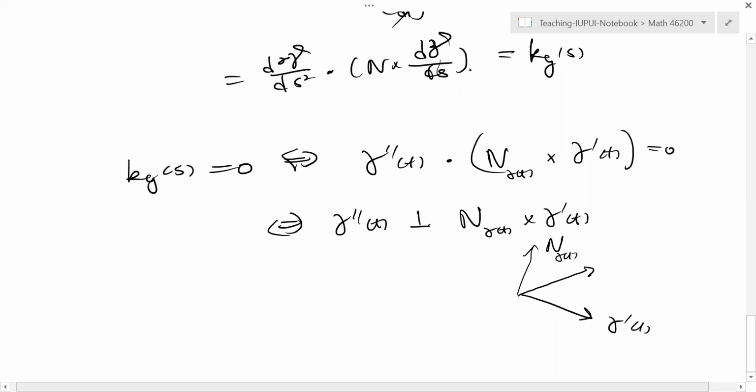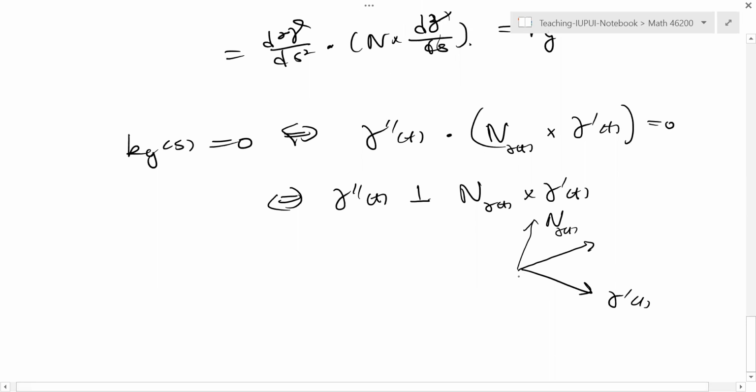So gamma double prime is going to be perpendicular to this vector. This projection could be somewhere like that.